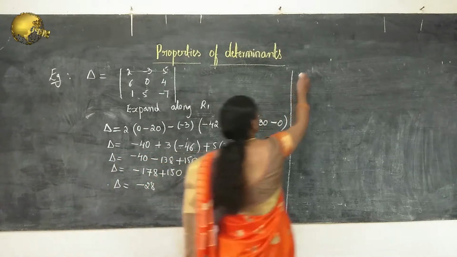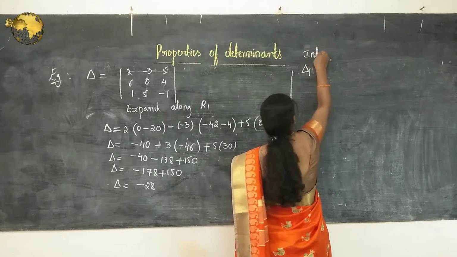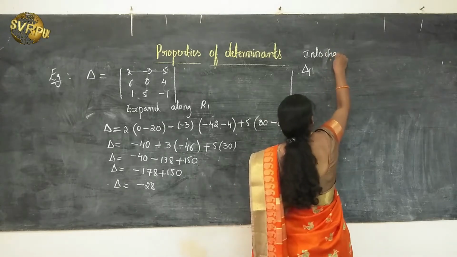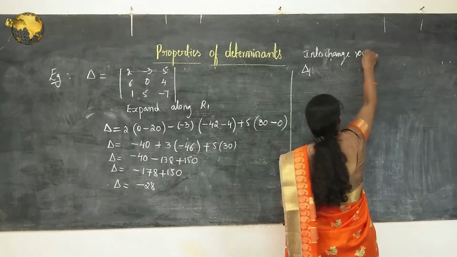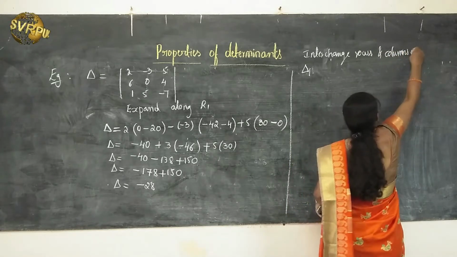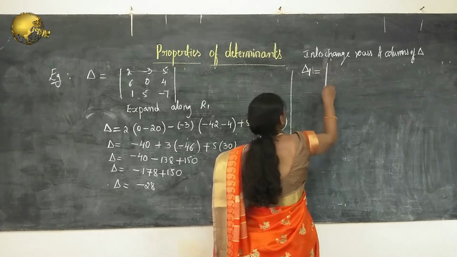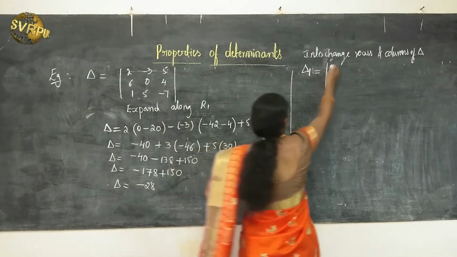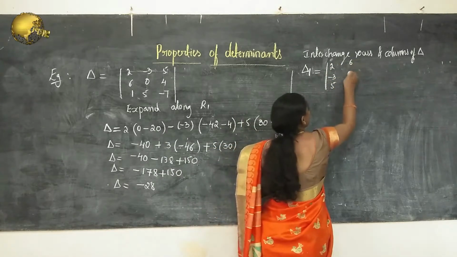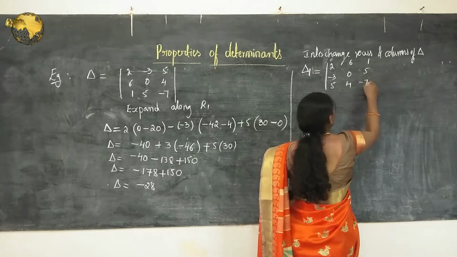Okay. So I take delta 1. So I need to interchange rows and columns of delta. So delta 1 is equal to 2 minus 3 5, 6 0 4, 1 5 minus 7.